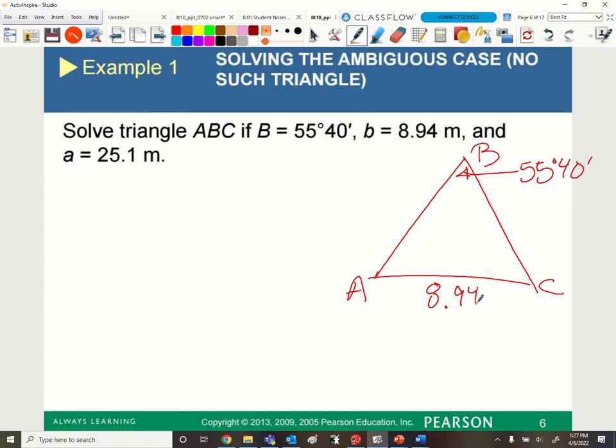What line segment is little a going to be? It's BC. It's line segment BC. So it is on the notes, or not in the notes, it was in the homework. And a lot of people struggled because they forgot about how the line segments are named. So BC here is going to be my little a, which was 25.1 meters, right?